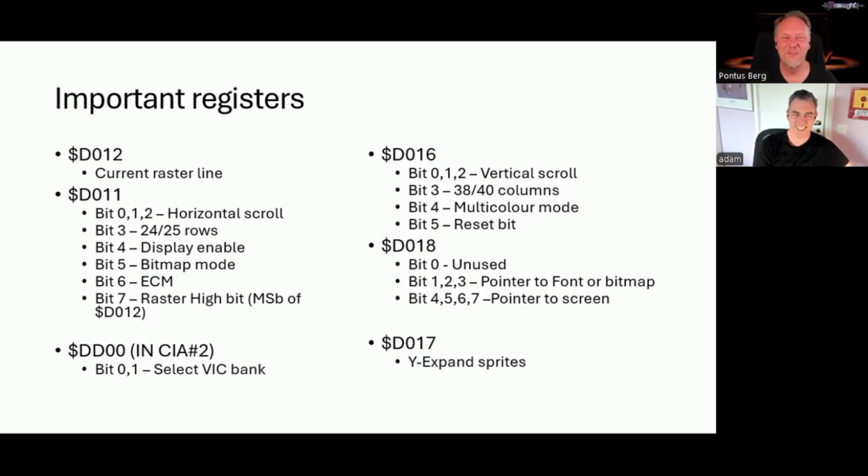The really weird thing is that in DD00 you select the VIC bank, because the VIC can only see 16 kilobytes out of the 64. You can use those 2 bits to set which bank, and they are numbered in reverse. So I think you set bits 11 to have it from 0, and then 10 to have it from 4000, which is weird.